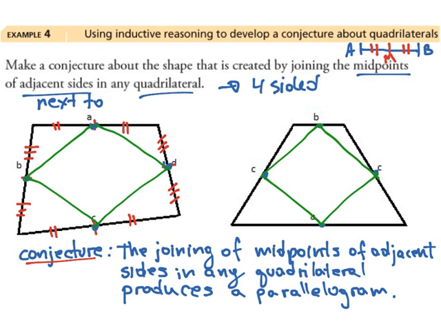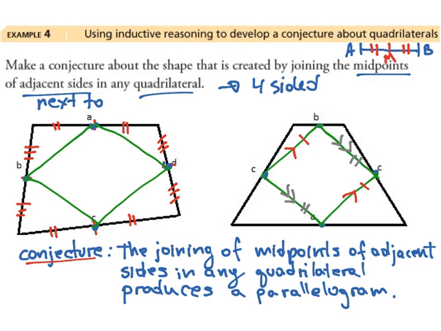Now in order to prove that this is a parallelogram, we have to do a couple things. We will have to prove that the opposite sides are parallel. And also we have to prove that not only are they parallel, but they're also congruent. That means equal in length. The way we do that is we have to measure the opposite sides to see if they're equal.